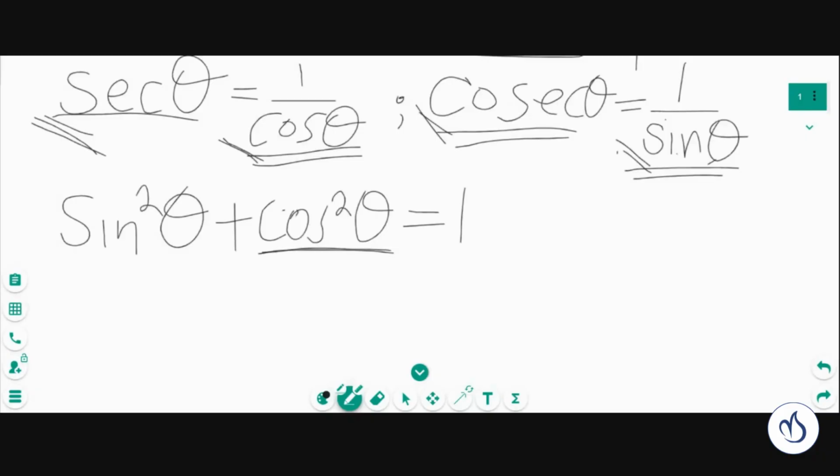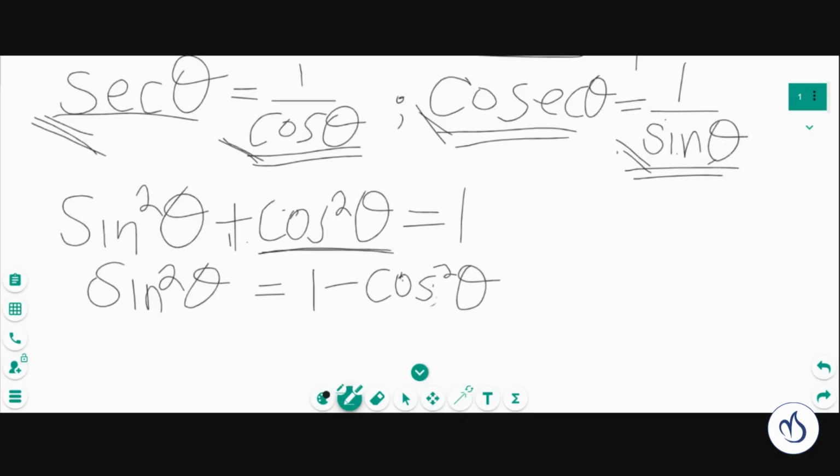Since we had sine squared plus cos squared, when it crosses it becomes minus. So the sine squared theta is equal to 1 minus the cosine squared theta.